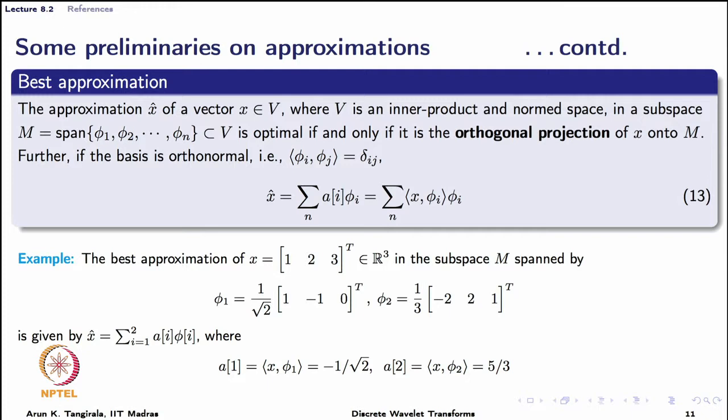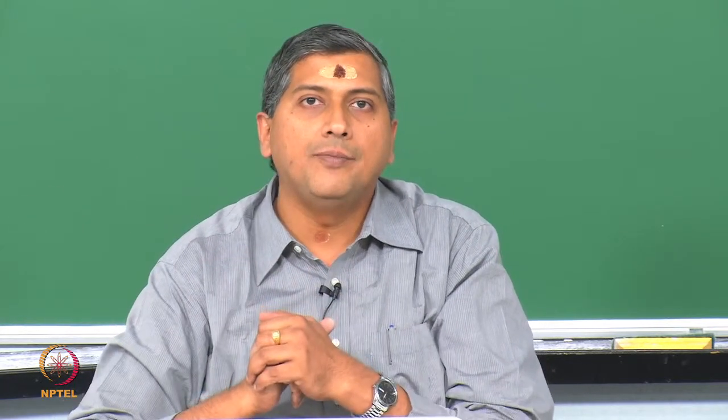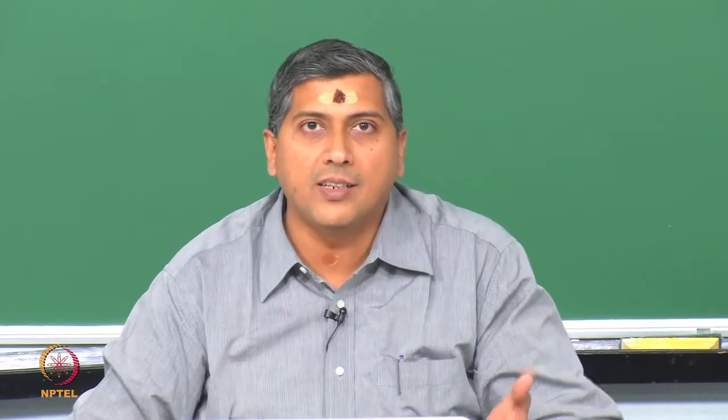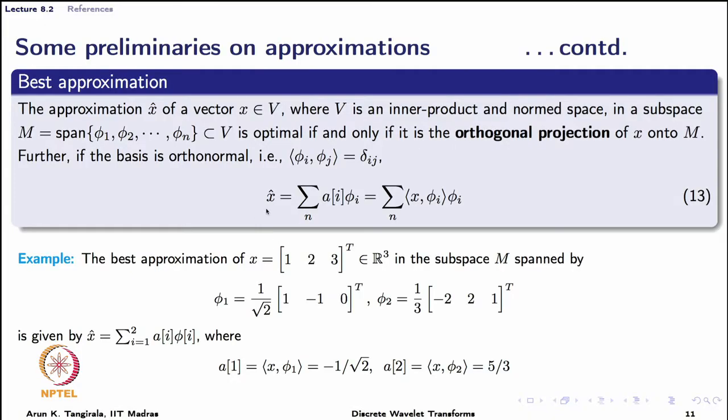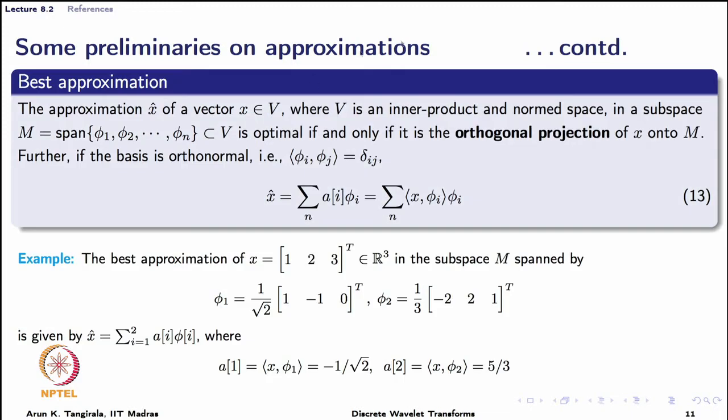That is, if I have a signal x and I want to construct a best approximation of that using some basis functions, then the best approximation in the least square sense, in the 2 norm error minimizing sense, is nothing but the orthogonal projection itself. Therefore, the best one is x hat equals sigma a i phi i, exactly what we have seen on the board earlier. All I have done is assume phi is orthonormal, so I can use equation 12 in place of the a i's to construct my orthogonal projection.